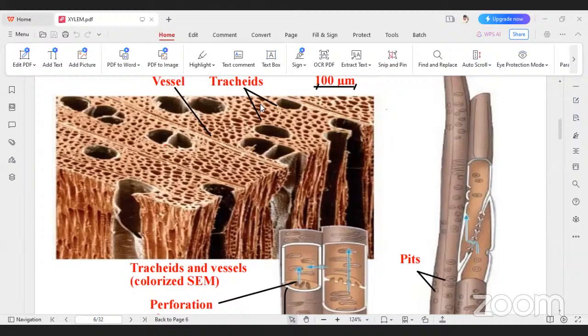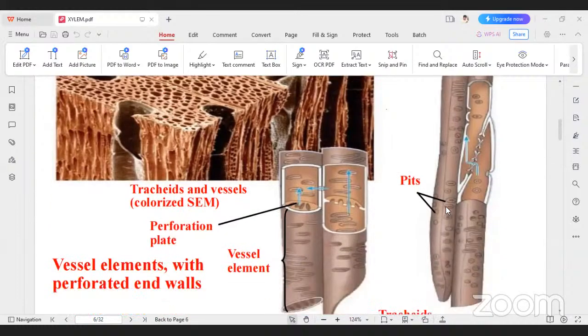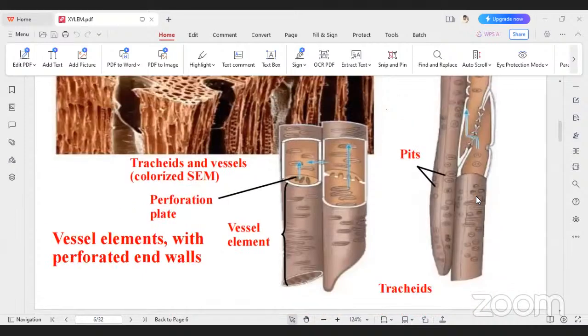These are the vessels, and these are the long tracheids. Tracheids are elongated and look like fiber-like structures, narrow and elongated, while vessel elements are somewhat broad when compared with tracheids. You can observe this diagrammatically.